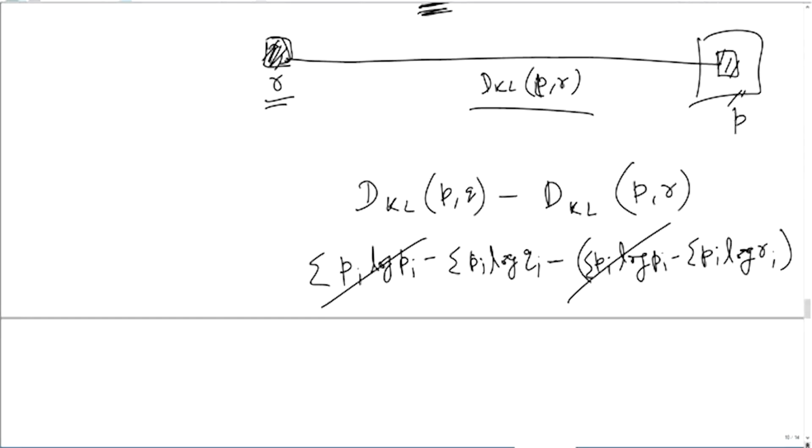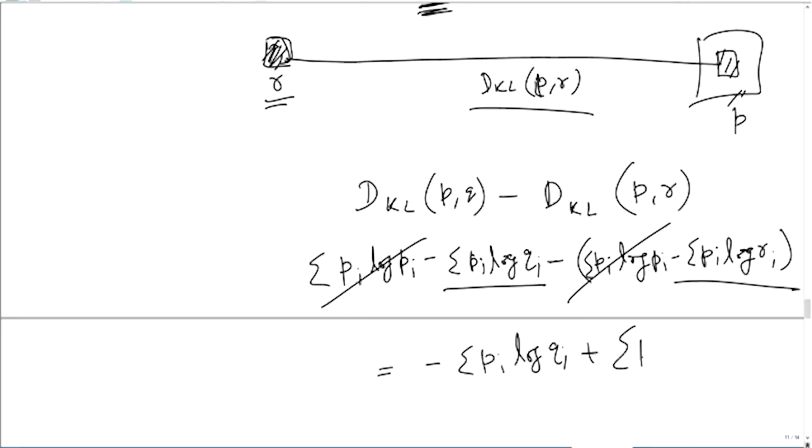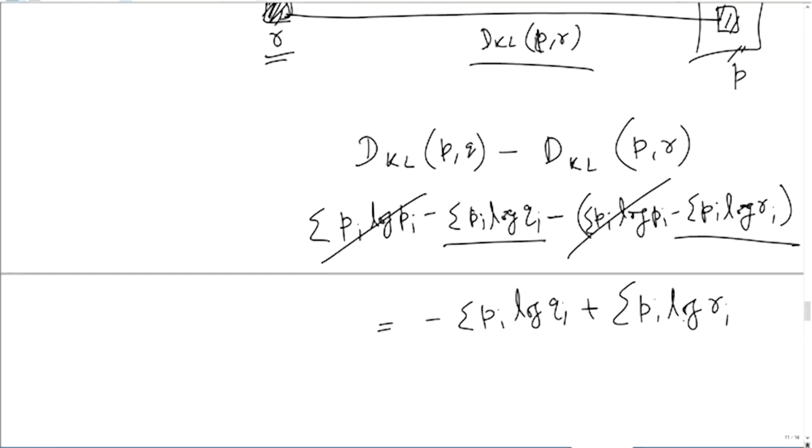We are trying to compute the relative distance of Q compared to R, so what we will have is minus Pi log Qi plus Pi log Ri. This is a measure of how far model Q is relative to R.